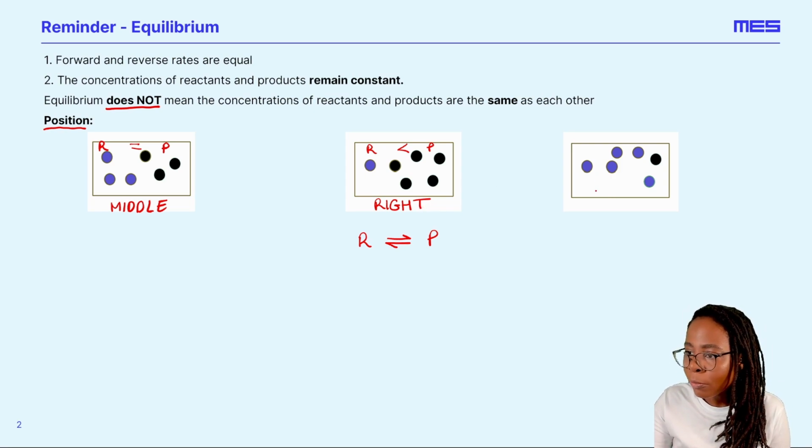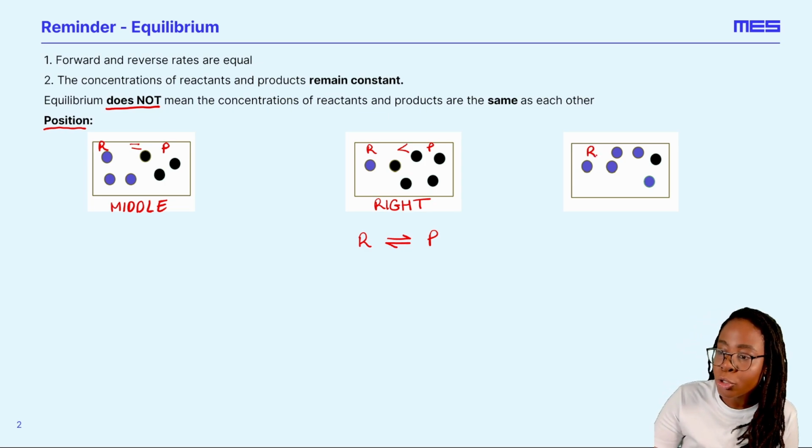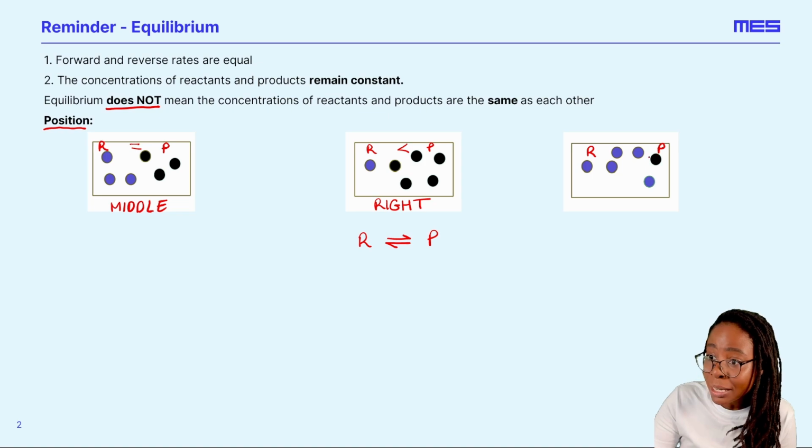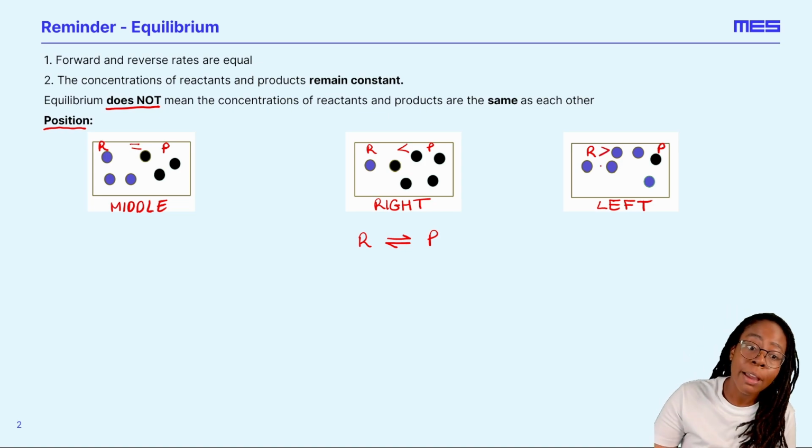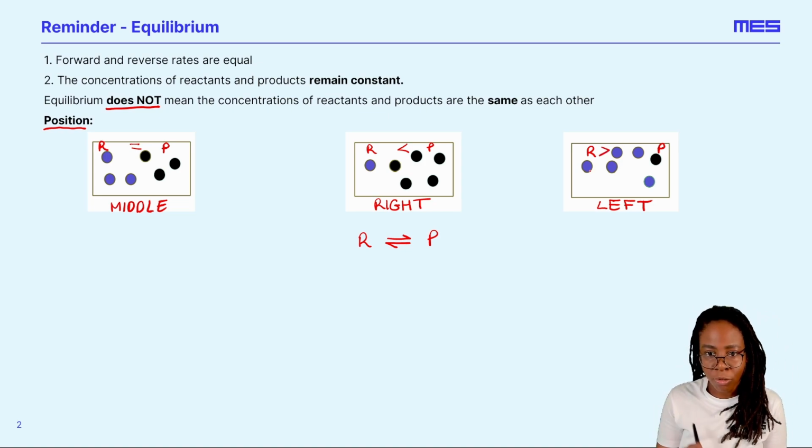And then if we look at our final option, we've got more reactant particles, or a greater concentration of reactants than products at equilibrium, which we say lies towards the left, again, because reactants are on the left of the arrow and products are on the right.